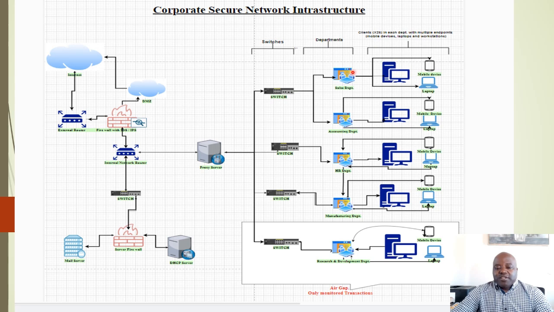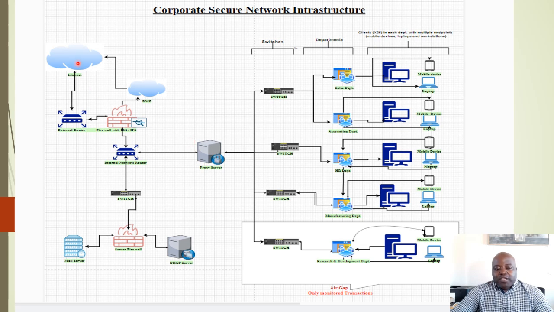But in case they need to get anything from the internet, we have the proxy server that acts like a middleman to mask the IP addresses of these internal computers to the internet. So if you make a request from the internal network, the request is going to bounce through the proxy server, and then the proxy server is going to mask the IP address. So the request goes to the internet from the proxy server IP address.